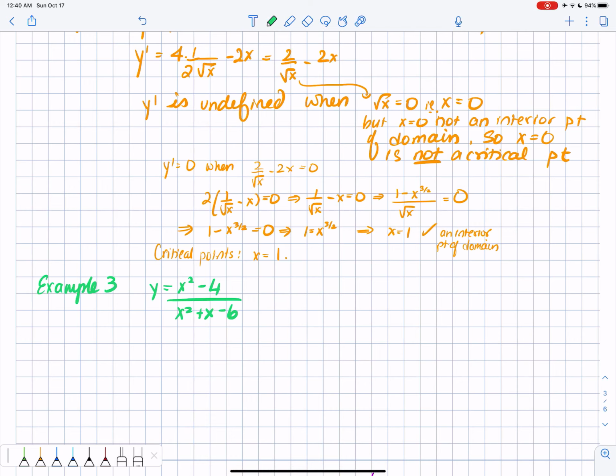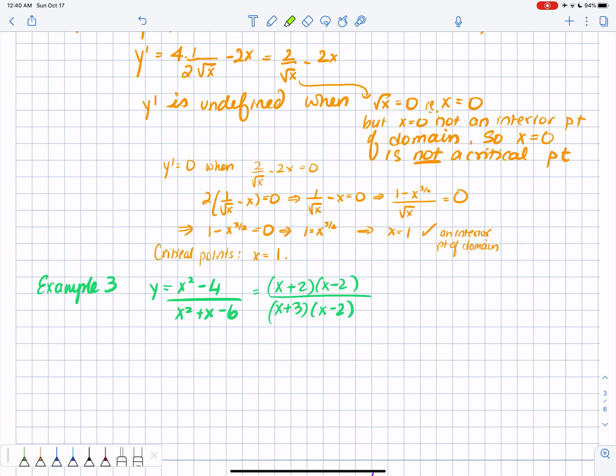Okay, so first let's take a look at what the domain is. For that, first let's factor this. You have the difference of squares in the numerator, so you have x plus 2 times x minus 2 divided by x plus 3 times x minus 3. Oops, sorry, not minus 3, minus 2.